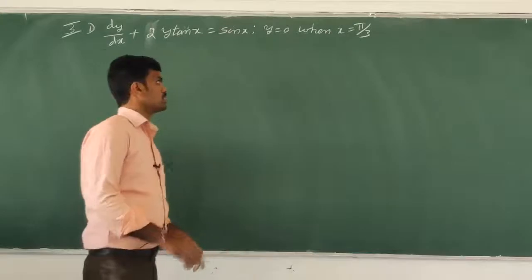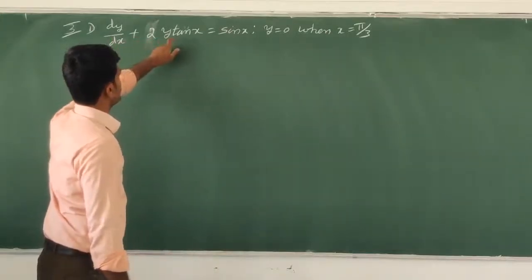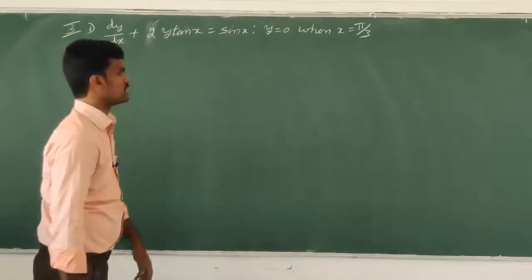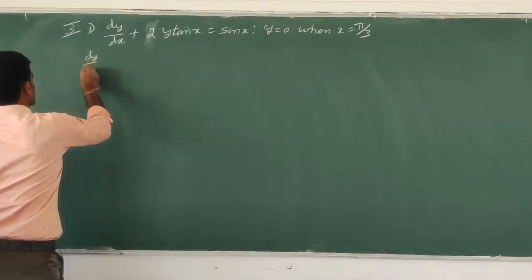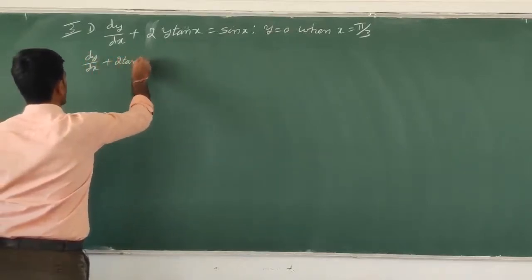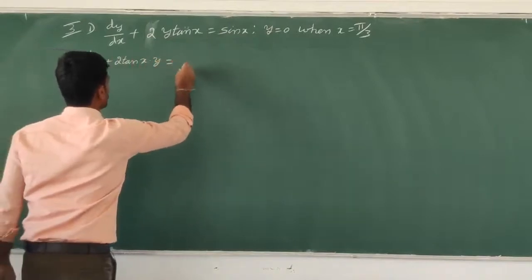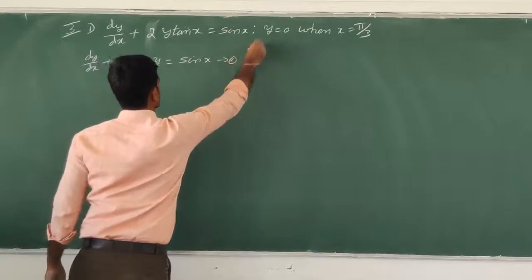Okay. So in the first problem, dy by dx plus 2y into tan x is equal to sin x. This is the first problem. This can also be written as dy by dx plus 2 tan x into y is equal to sin x. Call this equation 1.